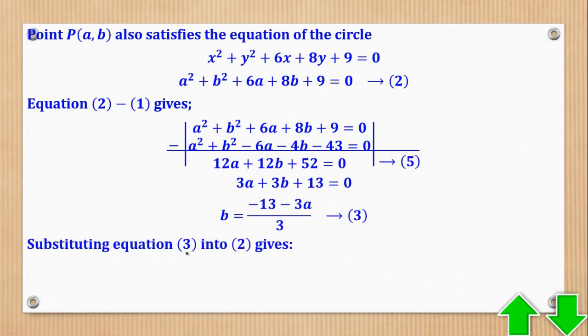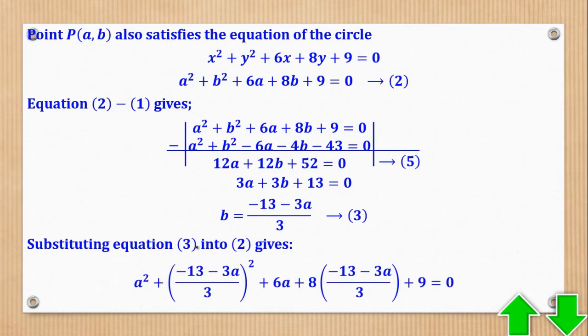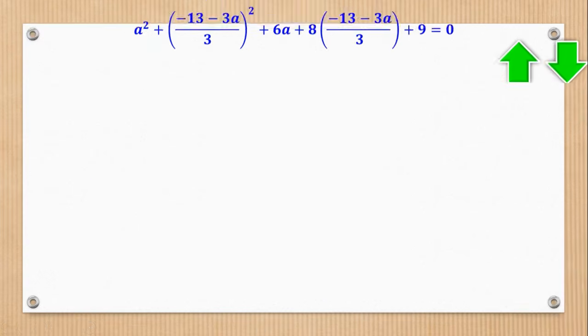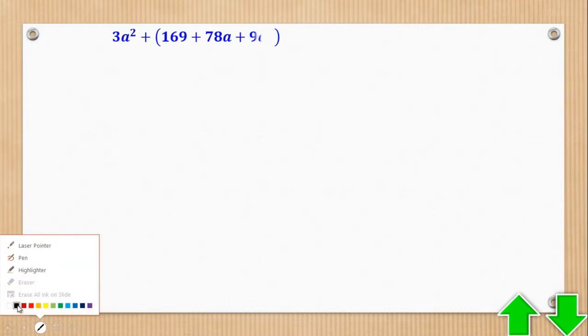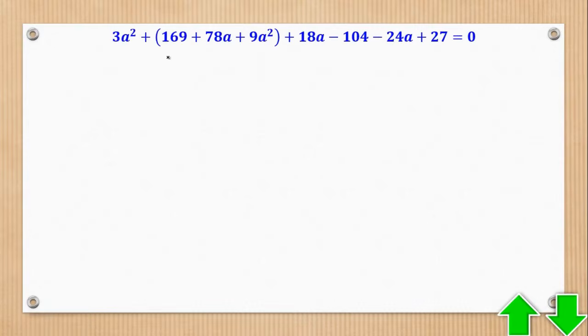Now, substituting equation 3 into equation 2, you'll come up with this. Now, this is solving simultaneous equations by substitution. So expand, I'll come up with that.